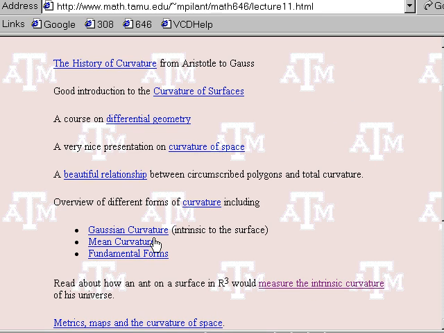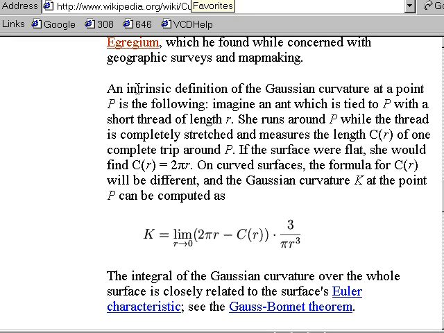And that is, how would an ant measure curvature? Suppose you're a being that lives on two-dimensional space, embedded in three-dimensional space. And there's a nice little article here on how an ant on a surface embedded in R3 would find whether their space was flat, positively curved, or negatively curved.